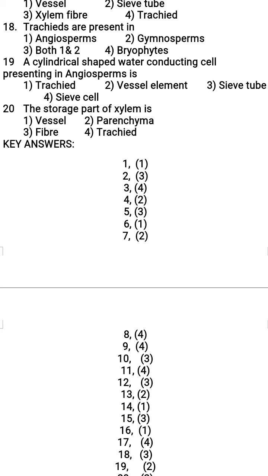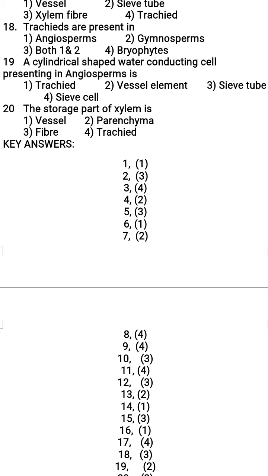A vessel is a long cylindrical tube-like structure made up of many cells called vessel members, each with lignified walls and a large central cavity. The vessel cells are also devoid of protoplasm. Understand?